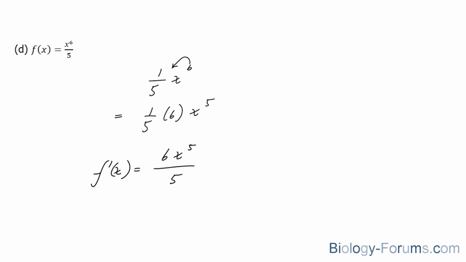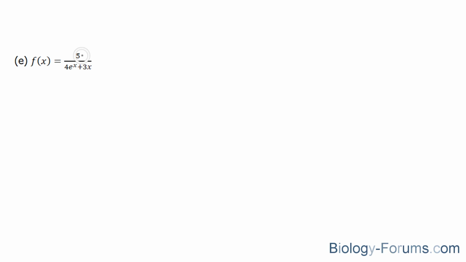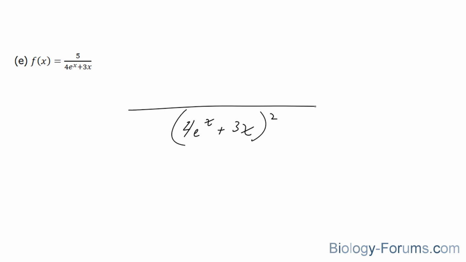And finally, in our last question, we have this function divided by that function. So we'll start off by squaring the bottom, and then bringing this up here. Finding the derivative of the top, which is going to be 0, minus the derivative of 4 times e to the power of x, which is 4 e to the power of x.